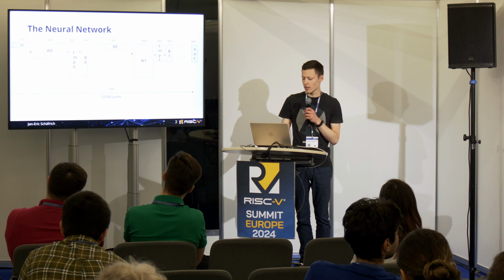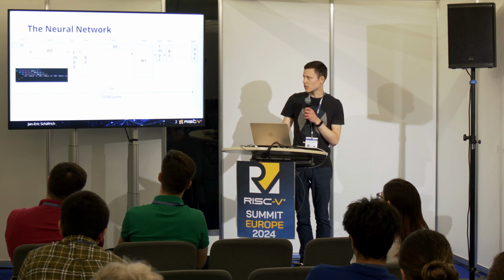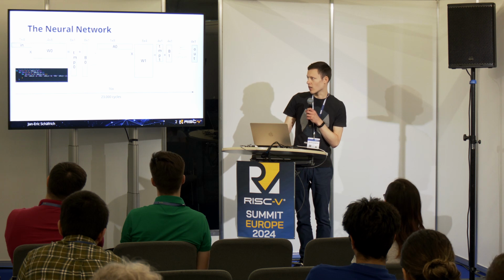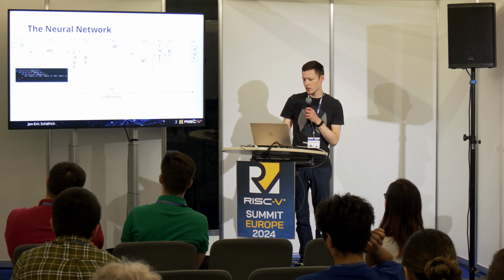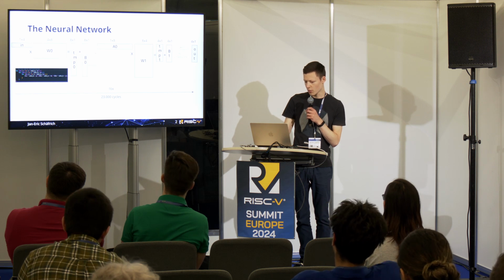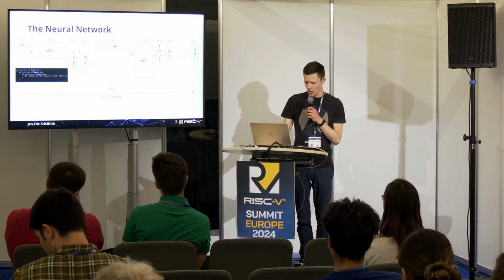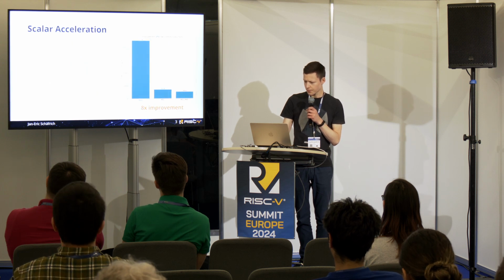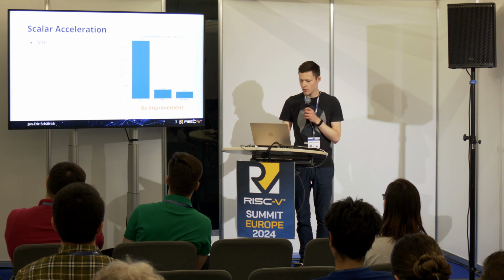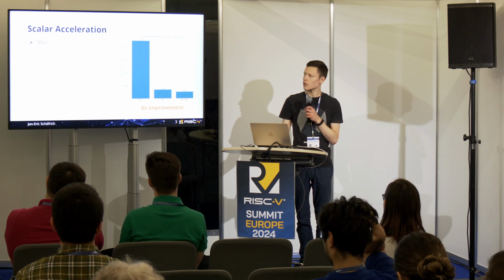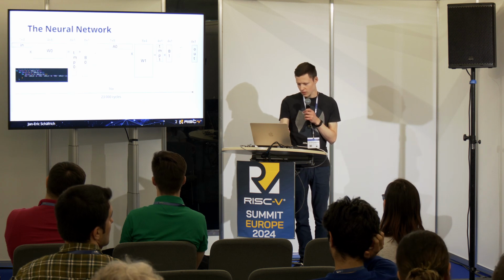In the base implementation, it takes 23,000 cycles. The code that's mostly run is this nested for loop, which performs the matrix multiplication. So that's where we would spend most of our cycles. Knowing that, I decided to accelerate especially that part.